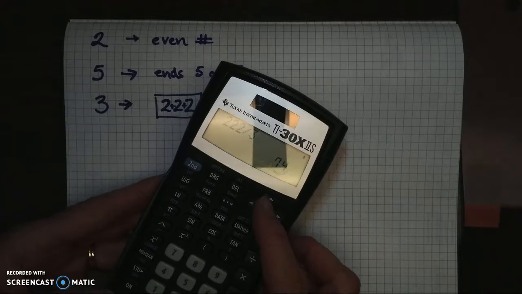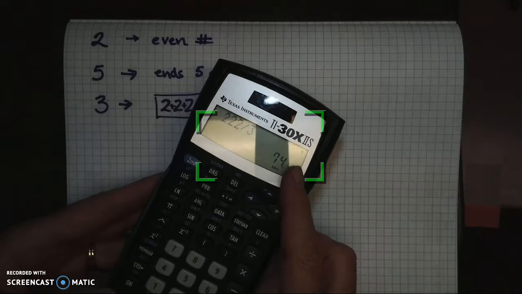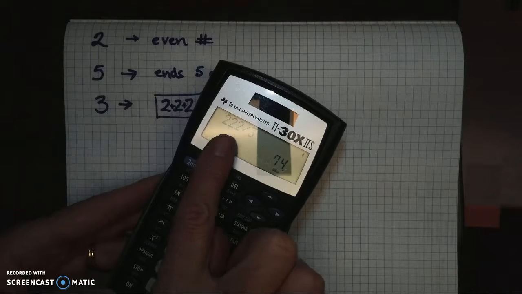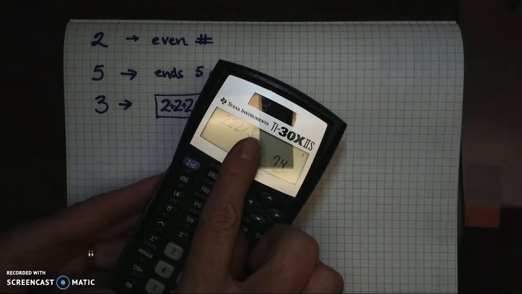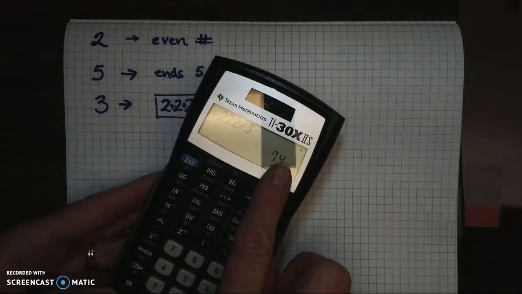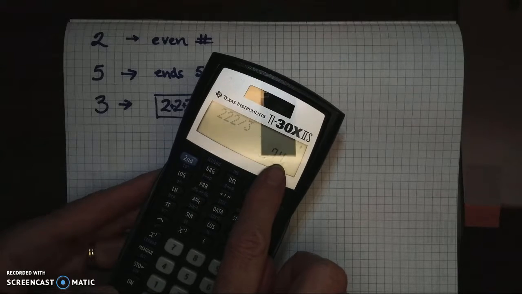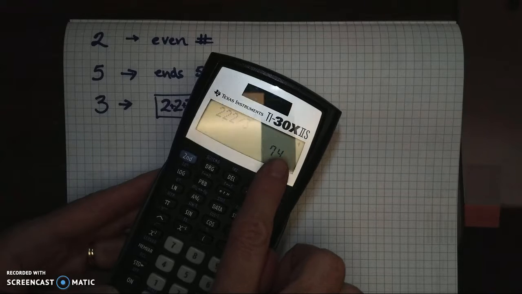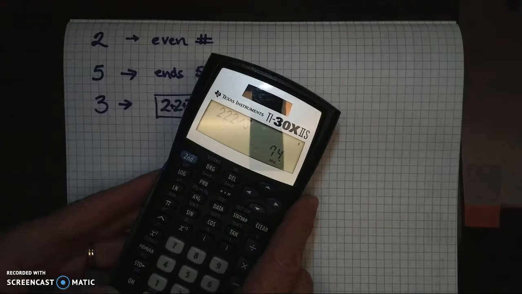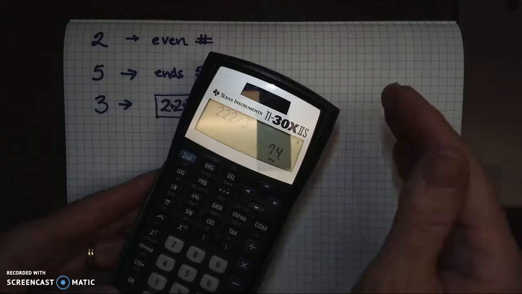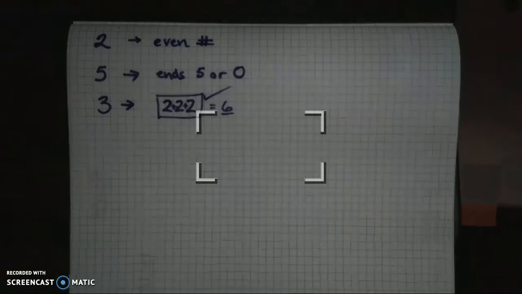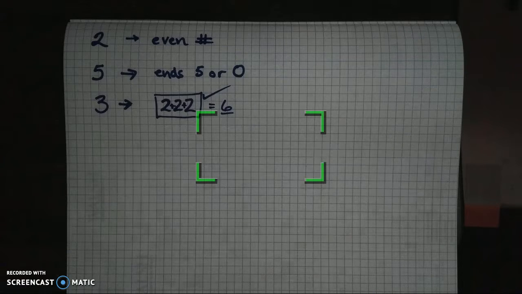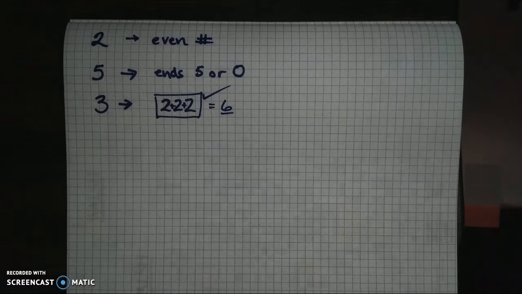I also know, just off the top of my head here, that 222 is going to be divisible by 6 because it's divisible by 3, and look, what I get is even, so it's going to be divisible by 2 also. If it's divisible by 2 and 3, it's divisible by 6. Cool trick. All right.